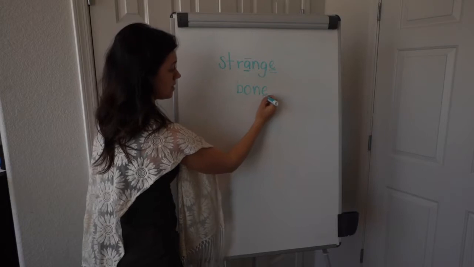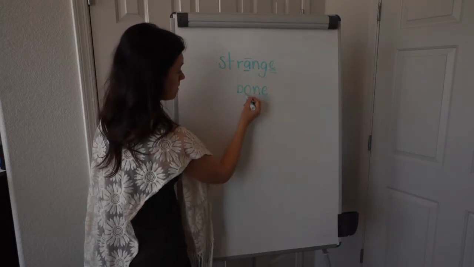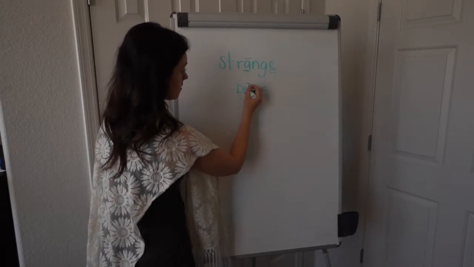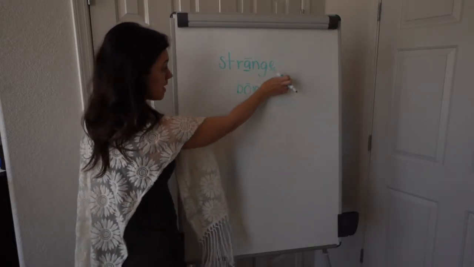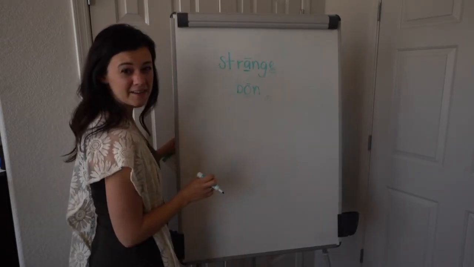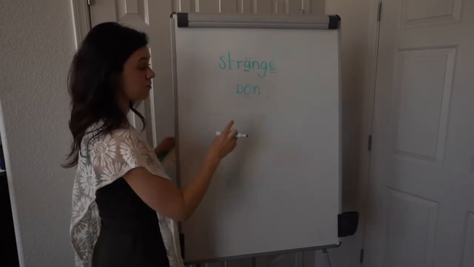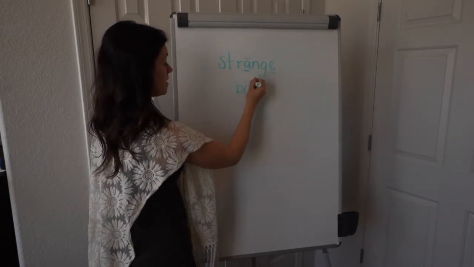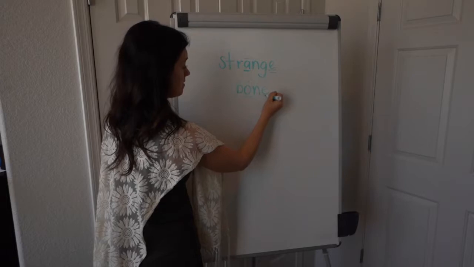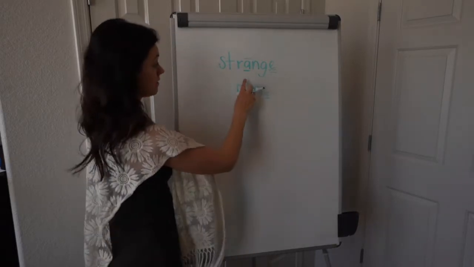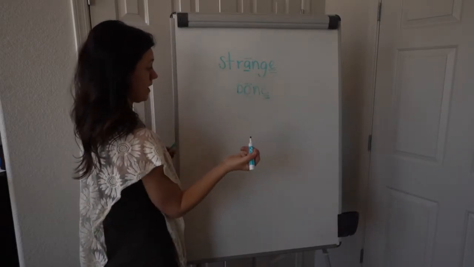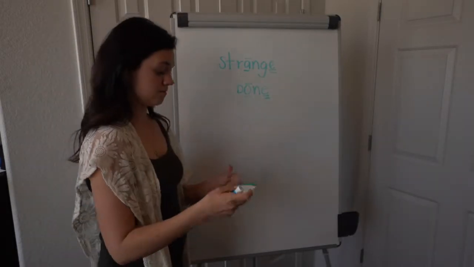We have our silent final E here that is making this O say its long sound. If we took the E away, this word would be bon, right? We would be saying the O's short sound. So if we want it to be bone, we had to add E to make it say its long sound. Bone. Okay? So that's the first reason, just as a review.